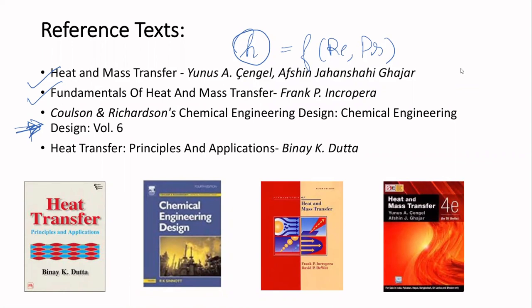In fact, the problem that we discussed was also taken from this very book, so you can refer to it and have more problems. Again, the only drawback of this book is it does not have exercises for you to solve, so you can only have some representative problems.